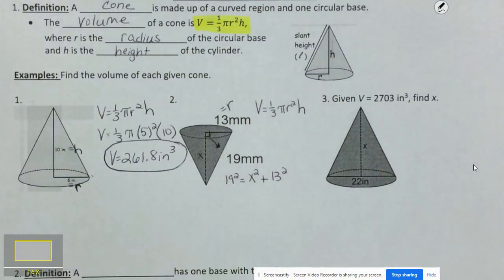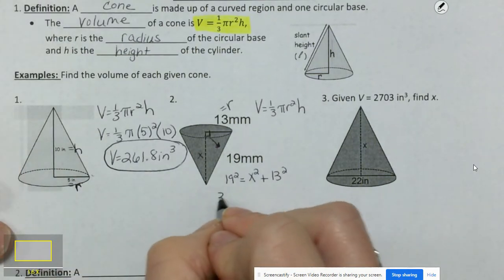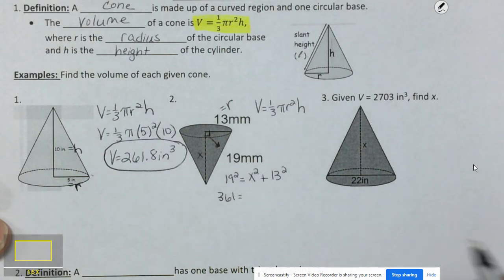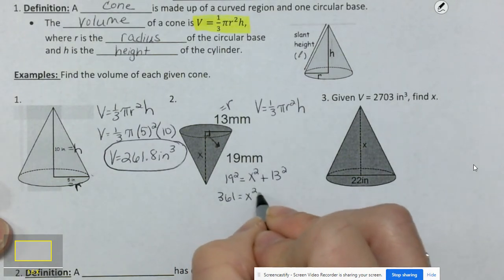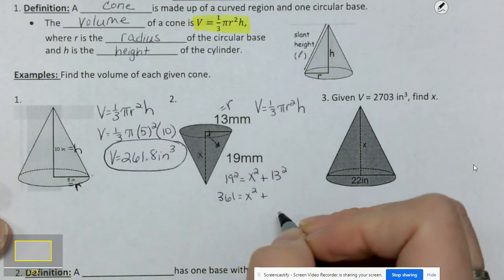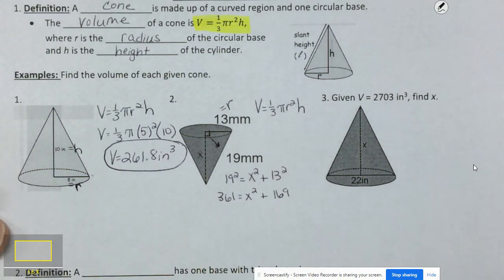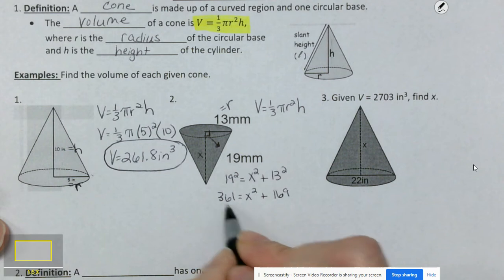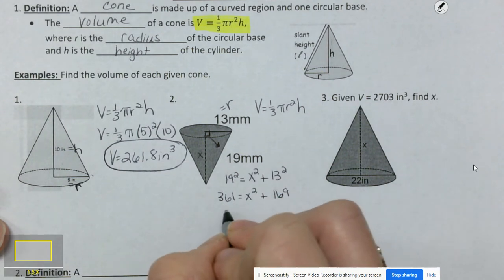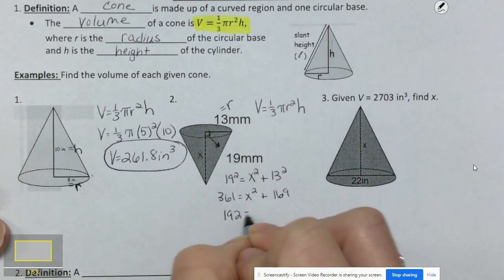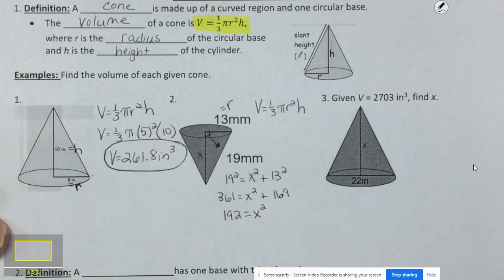Okay, 19 squared is 361, and I know that because I keyed it in the calculator. And then x squared plus 13 squared is 169, and again, I know that because I keyed it in the calculator. Subtract 169 from both sides, and we get 192 equals x squared.